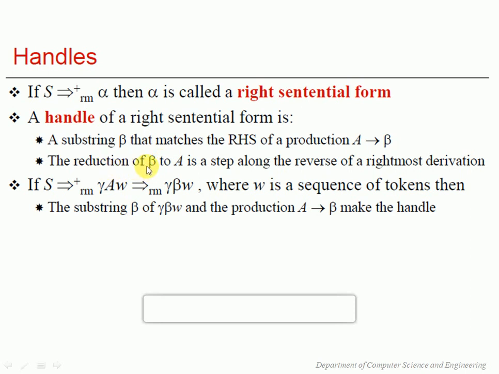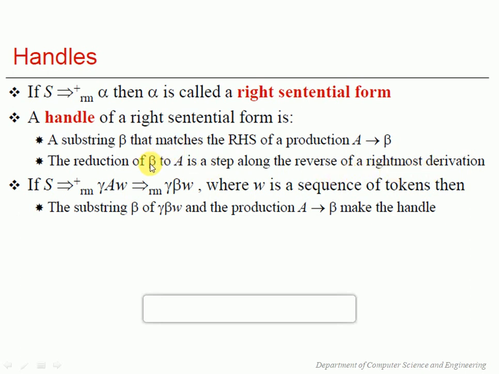the beta, when it is reduced to A, has to be a step along the reverse of some rightmost derivation. So for a handle to be identified from a right sentential form, it is a substring beta that matches the right hand side of a production A gives beta, and reducing beta to A has to be a step along the reverse of a rightmost derivation.